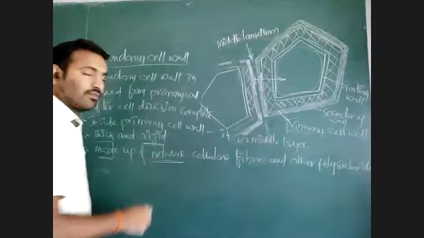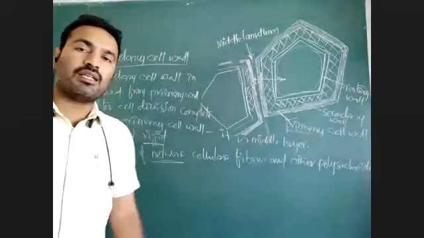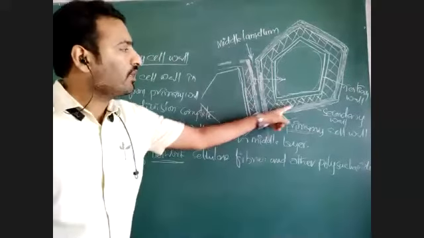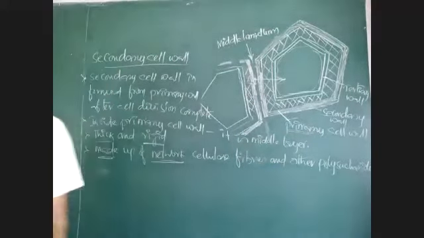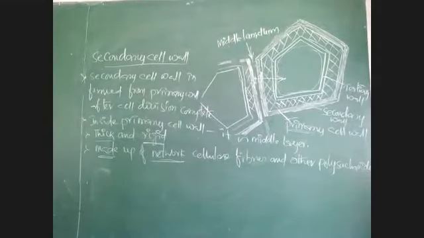Network means due to cross connection of cellulose fibers with other polysaccharides, there is formation of a network-like structure, like a mesh. That is called the secondary cell wall.